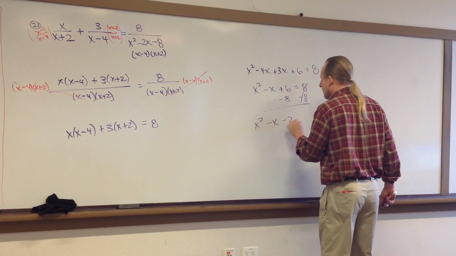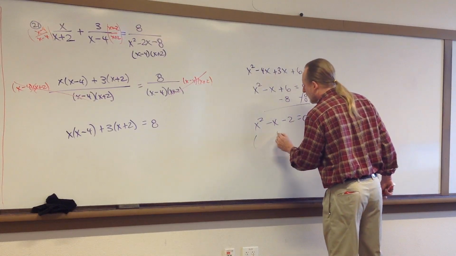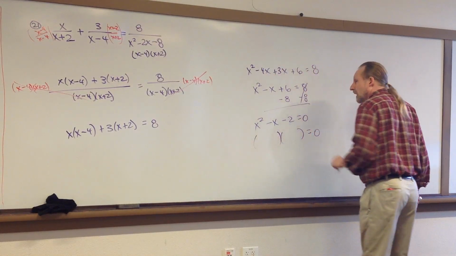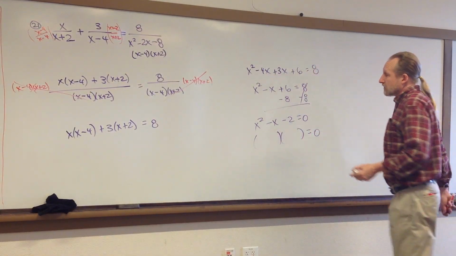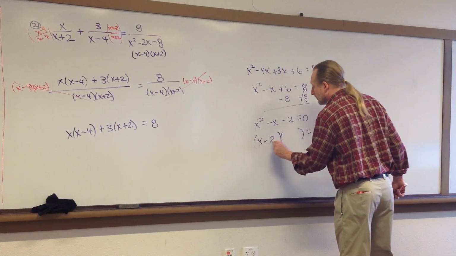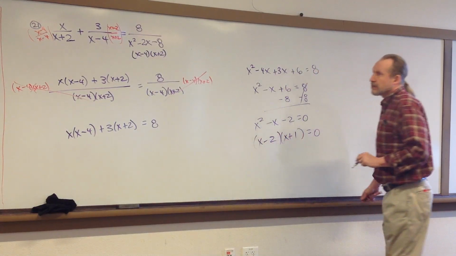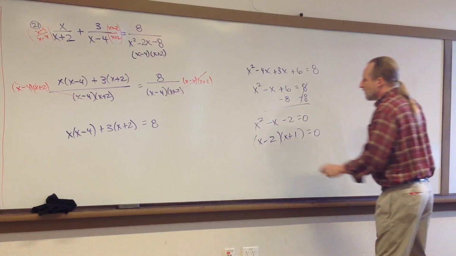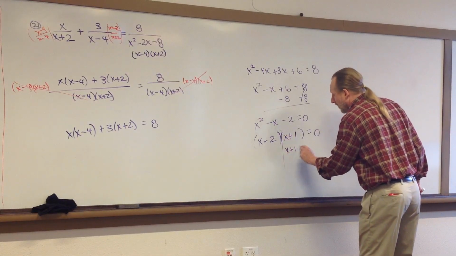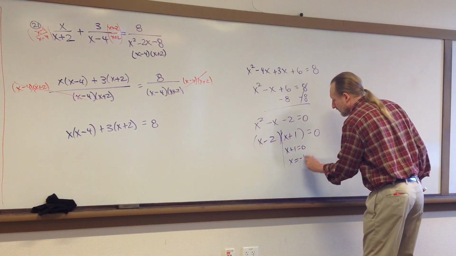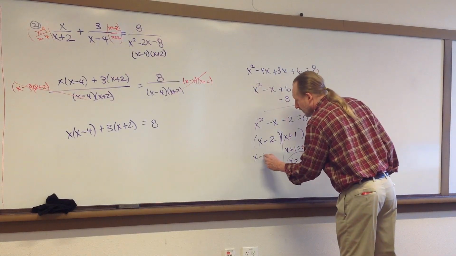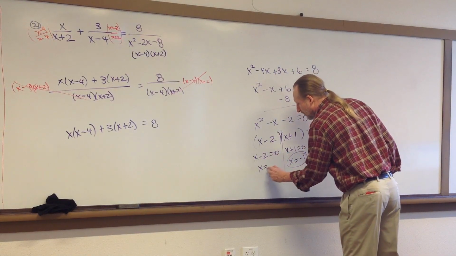X squared minus x minus 2 equals 0. Again, you can run this through the quadratic if you'd like to. I think it's a lot easier just to factor it. This will be x minus 2, and that'll be x plus 1. And so our solutions here are going to be x equals negative 1, and over here, x equals positive 2.